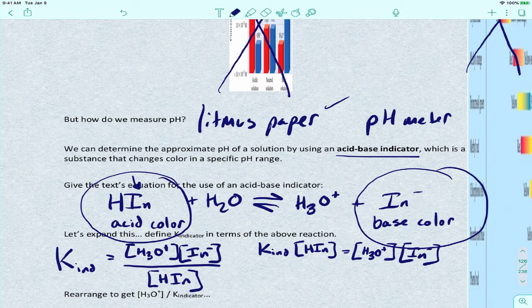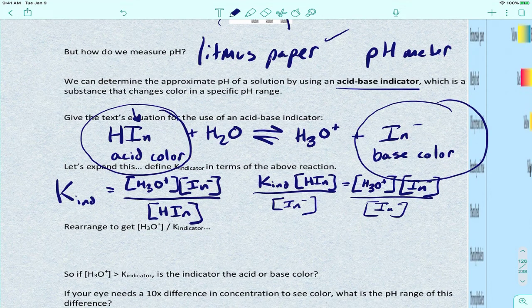Okay? So now what I'm going to do is divide both sides by the indicator ion. And so we're going to get the equilibrium constant times the concentration of the acid indicator divided by the concentration of the base indicator is equal to H3O plus.